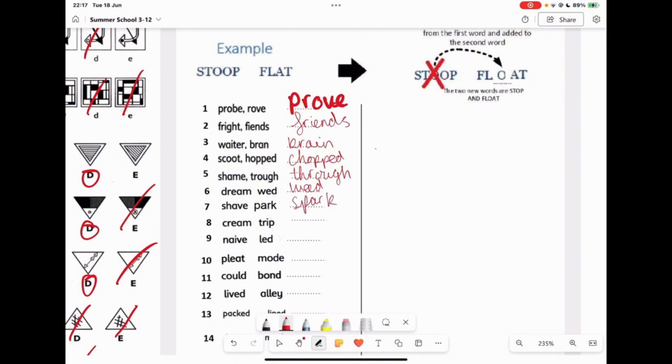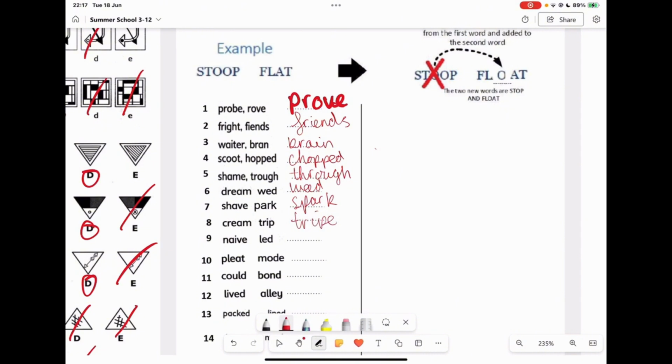Then cream and trip. Cream and trip, we are going to have cram and tripe. So tripe will be the answer.